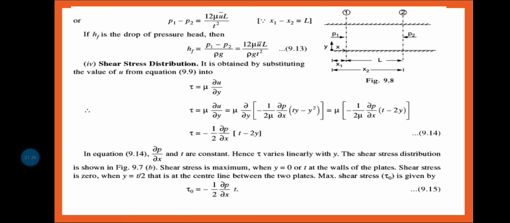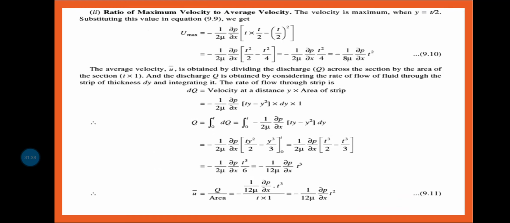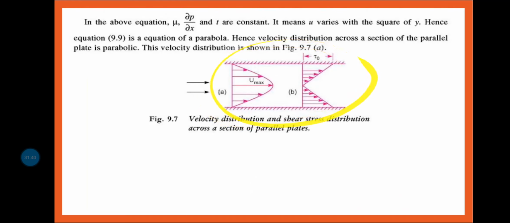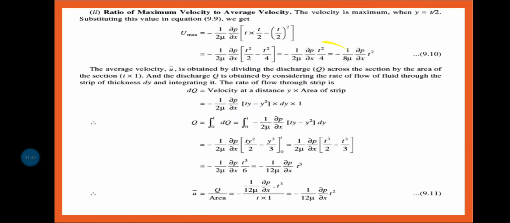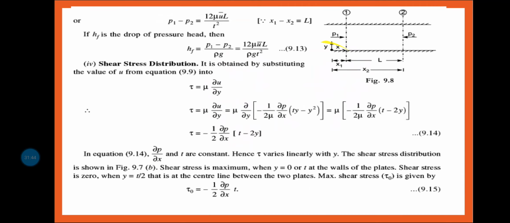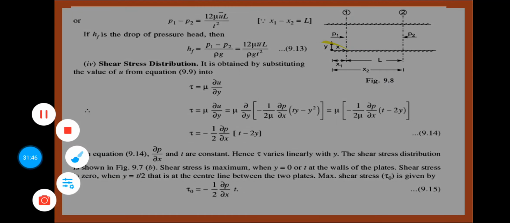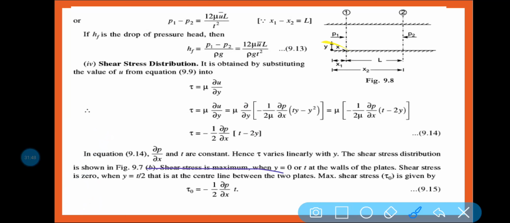Here you can see the shear stress is maximum when y is equal to 0.